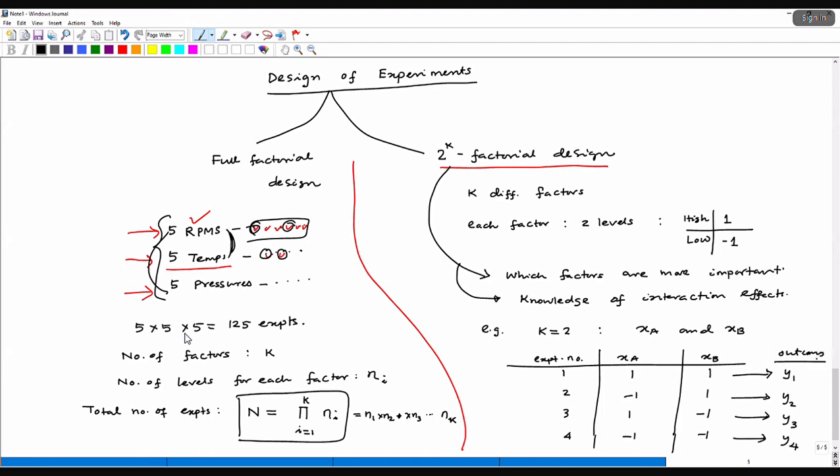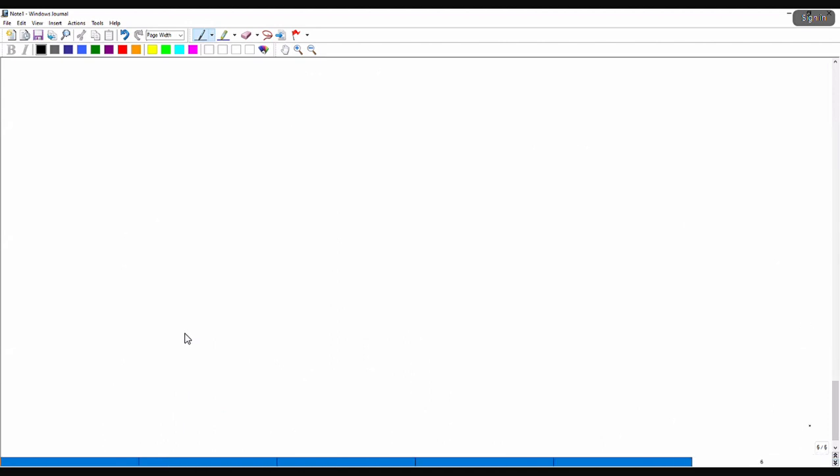Now we can put these in an outcome matrix. Okay, so we can construct an outcome matrix in this way. In this direction, let's say we have xa, and in this direction, xb.